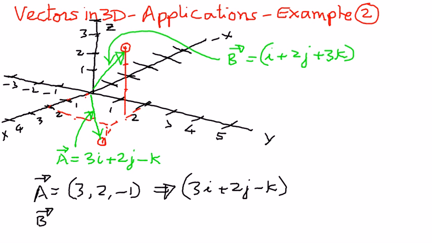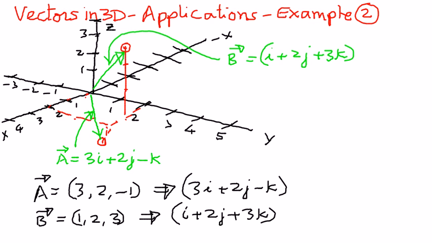This is another side of the parallelogram, and it is given to us in R3 as 1, 2, 3, and we can express this in terms of components as i plus 2j plus 3k, and I have represented this on the graph as follows.